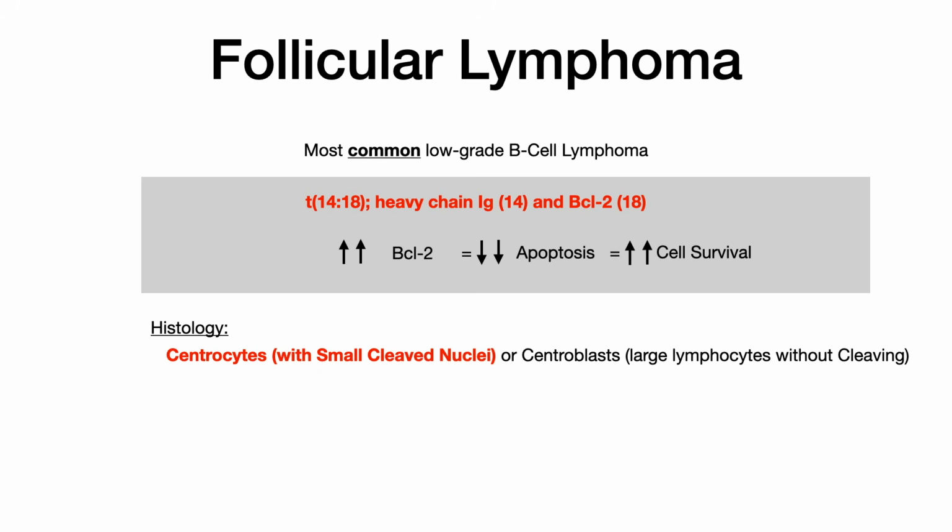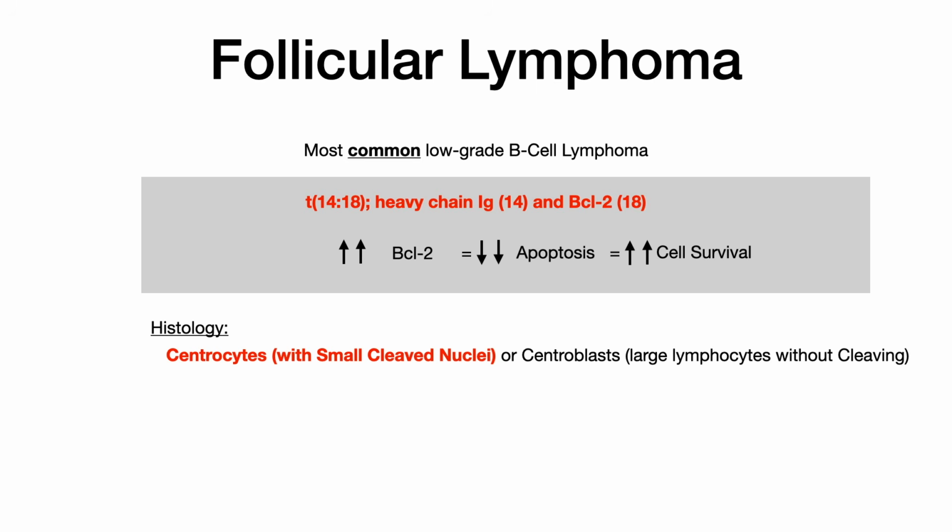But if that doesn't seem worthwhile to memorize, if you're cramped for brain space or you're just like, dude, I can't memorize anything that I don't 100% need to know that's super high yield, then just move right on to follicular lymphoma. Follicular lymphoma is the most common low-grade B-cell lymphoma. It is due to a chromosomal translocation between 14 and 18.